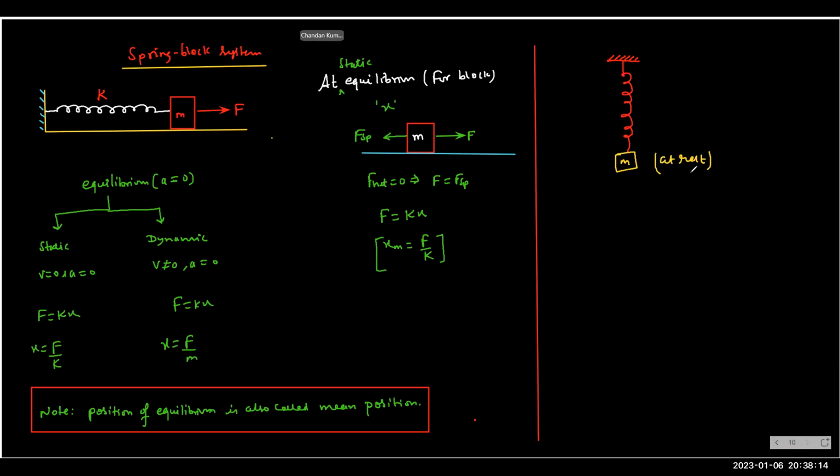So it is at rest and it is at static equilibrium. You can say this is static equilibrium. So what do you think? The spring will be under deformation or will be in natural length? What do you think? What do you expect? Here the spring will be under deformation or in natural length?